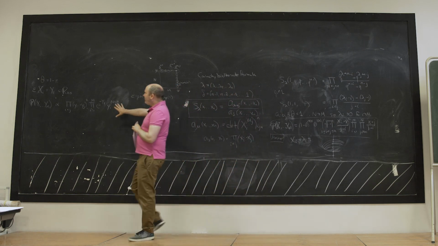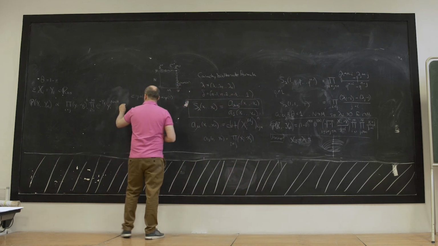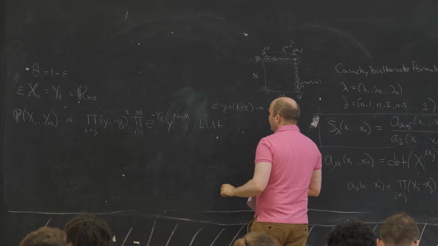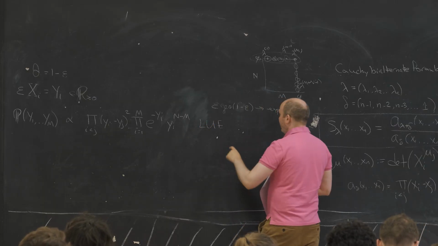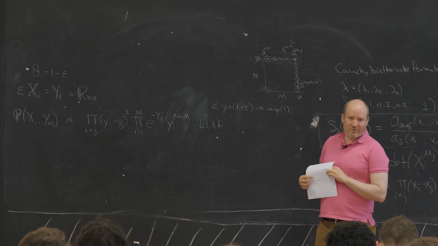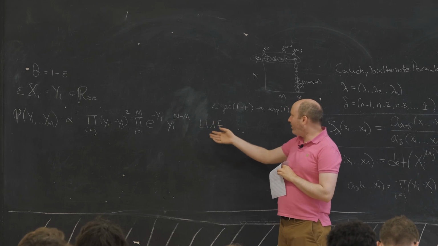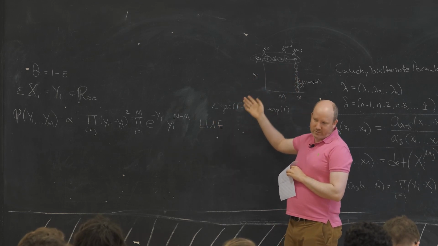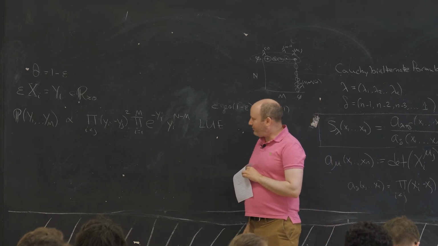The measure that you get has a name. It's called the Laguerre ensemble, or the Laguerre unitary ensemble. This is an ensemble that comes up, for one, from exponential last passage percolation, or the related model of TASEP.